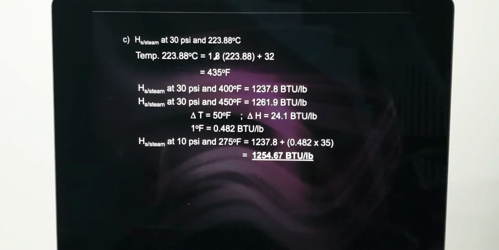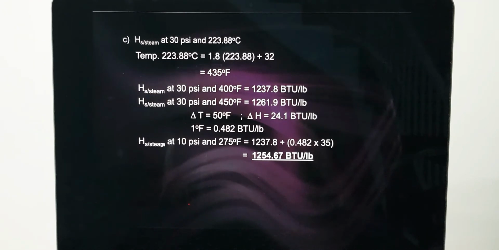Because 435 degrees Fahrenheit is located between 400 and 450 degrees Fahrenheit. Then again, find the temperature difference, find the enthalpy difference, and calculate for every 1 degree Fahrenheit what the enthalpy increment will be for this problem statement.